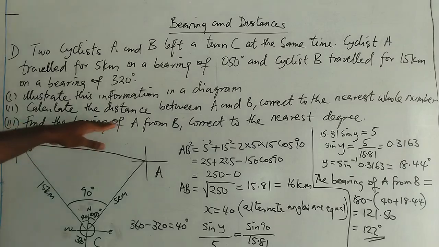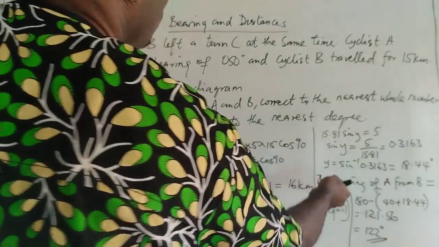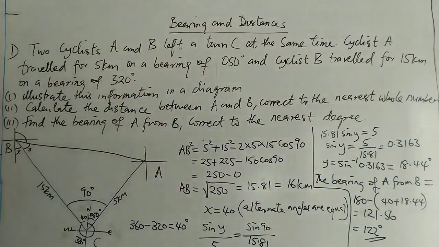And during the calculation of bearing, sometimes we involve the sine rule, to get the angle inside the triangle before we can conclude. I will show you another example which will help you to understand what I've just started. So stay tuned as we go to the next example.